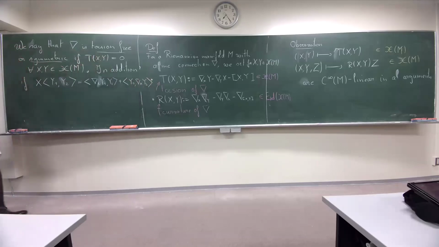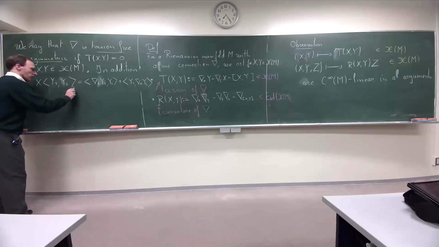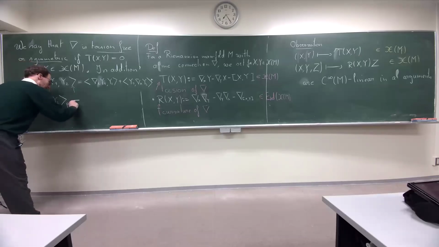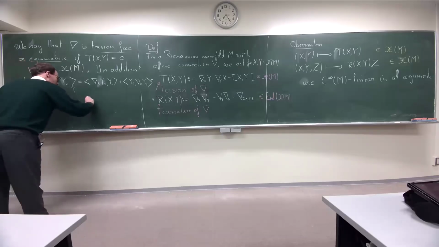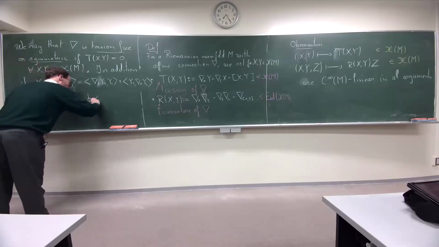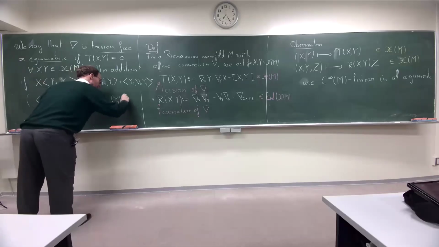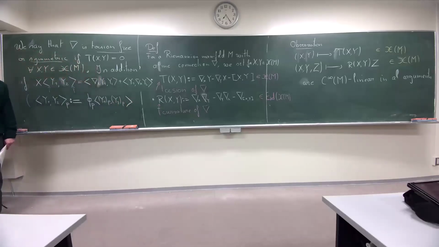We are no more in Rn. So what does this mean? Remember, y1, y2, if I evaluate at a p, by definition, it is the inner product at p of y1 at p, y2 at p. What is the meaning? We have the Riemannian metric, which defines the scalar product.